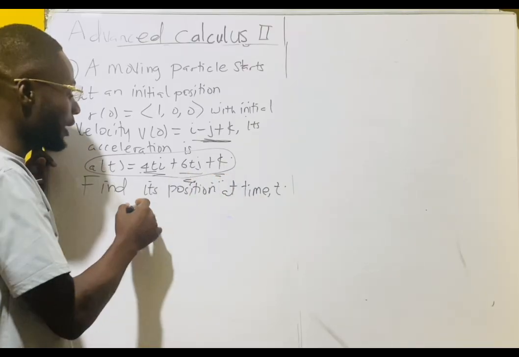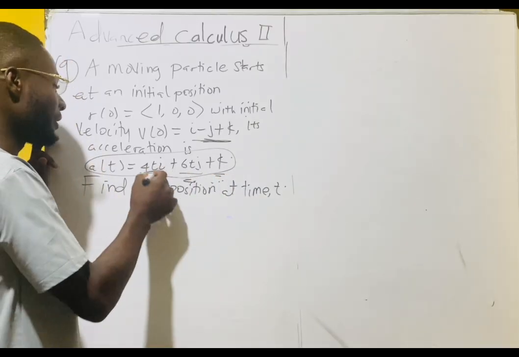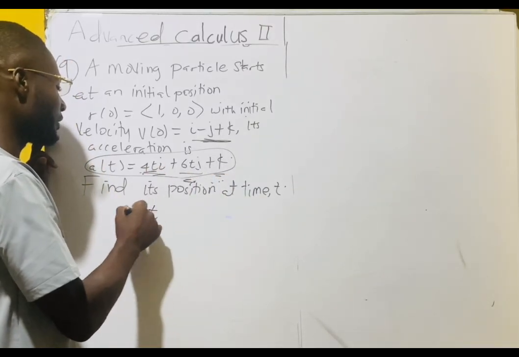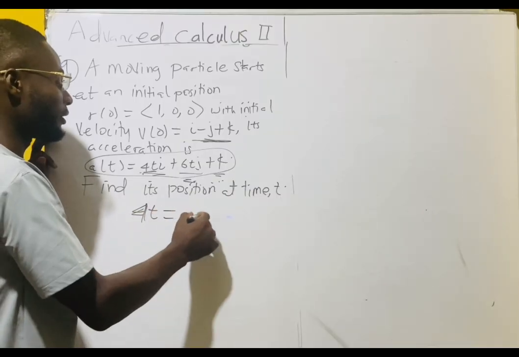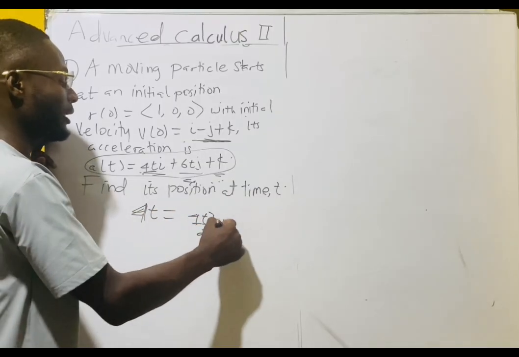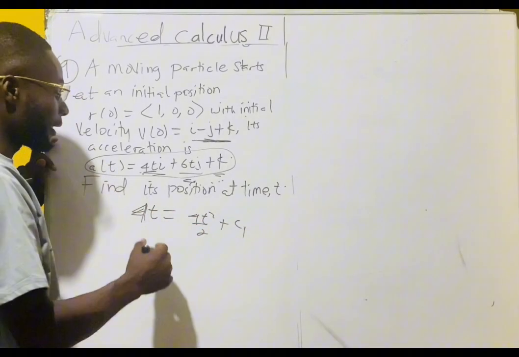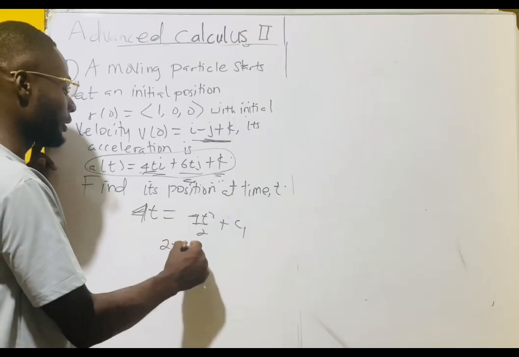Are you okay? Let's say this part you integrate 4t, and you're going to have 4t squared over 2 plus a constant c1, so this is basically 2t squared plus c1.